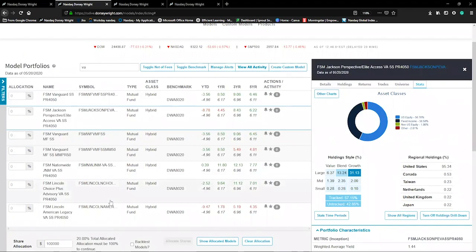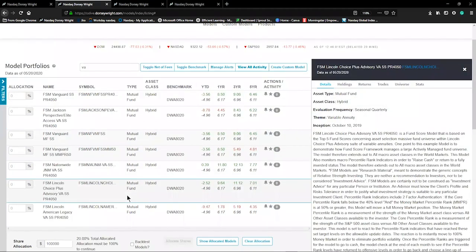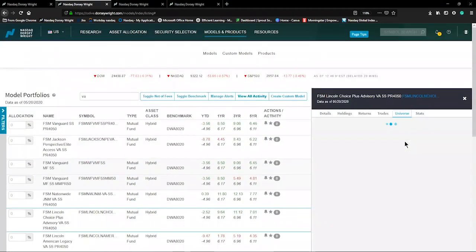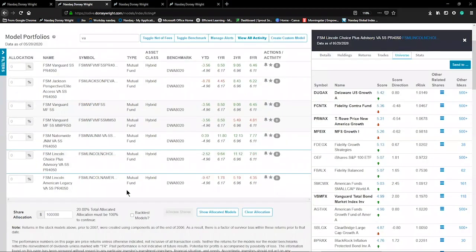We then took that same concept and we looked at the Lincoln Choice Plus and then the Lincoln American Legacy. Lincoln Choice Plus is going to be very similar to the Jackson in that you're getting a significant sub-account proxy diversity in terms of different fund providers. The American Legacy was kind of a fan favorite that was inspired by you all asking for a way to have access to this more legacy item with regard to the Lincoln lineup that only uses American Funds proxies.